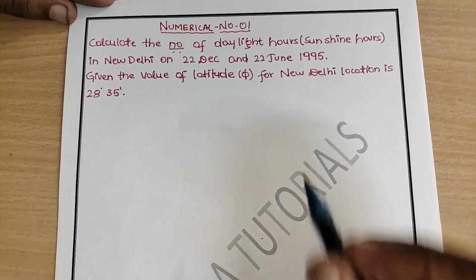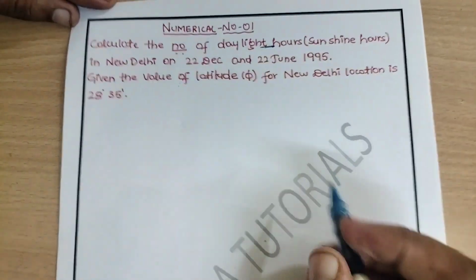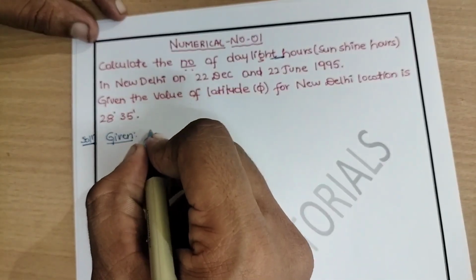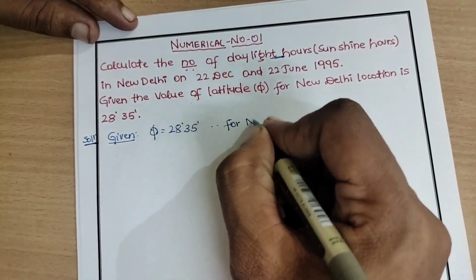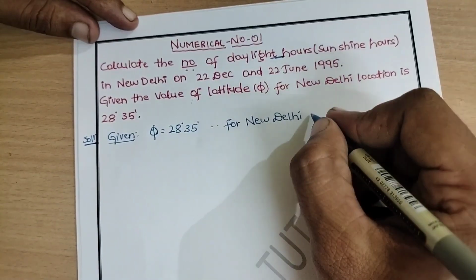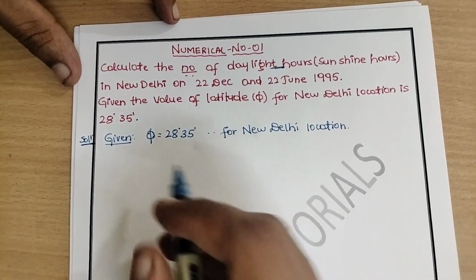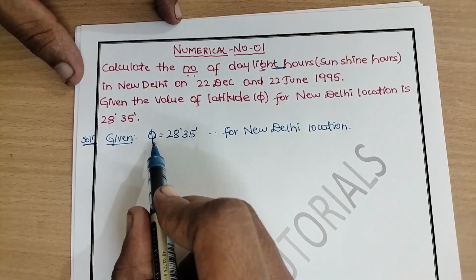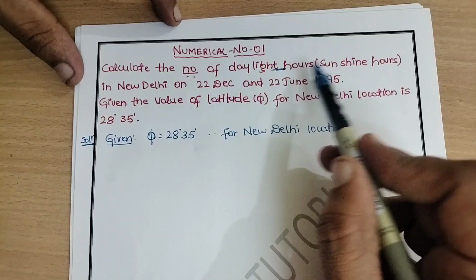Now, let us see how to find the value of sunlight hour or daylight hour. Yes, what is given in the problem? The value of latitude angle phi is given. Now let us see how to find out the daylight hours.